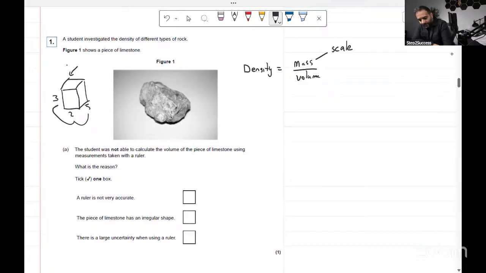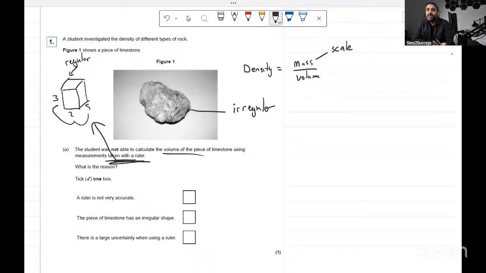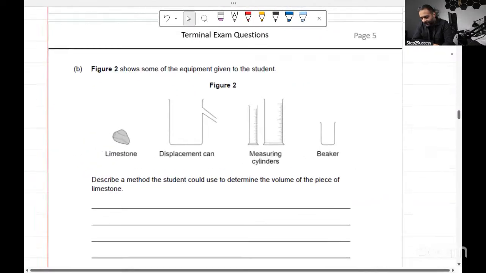It's because these objects are called regular objects, whereas objects that have holes in and aren't nice shapes, like rocks, are irregular objects. And with an irregular object, you can't calculate its volume just using a ruler like you can with an object like that. Because they have an irregular shape, you cannot find the volume just using a ruler. There's another method to do it, which I think is identified here.